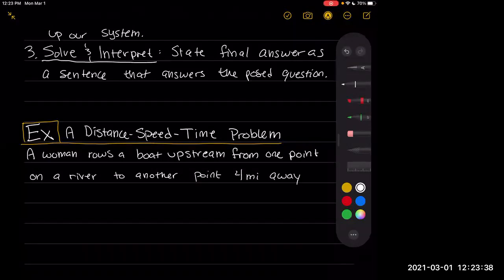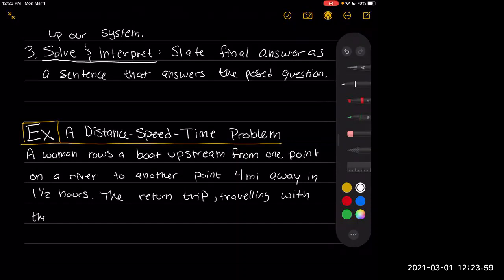Rowing upstream, she does it in 1.5 hours. The return trip, traveling with the current, so downstream, takes 45 minutes.